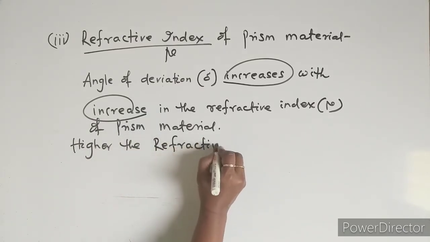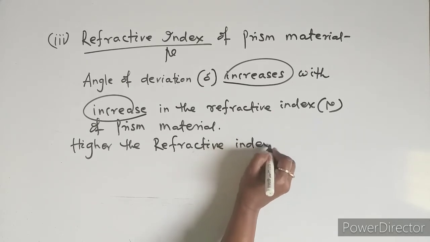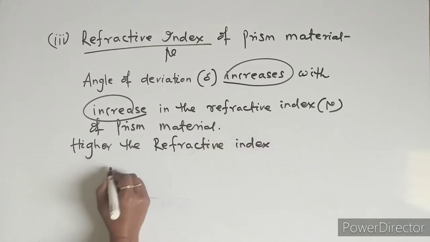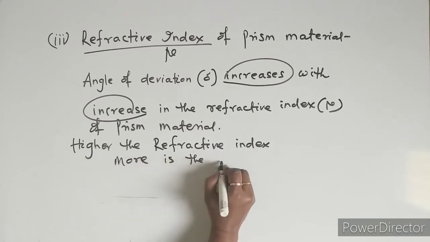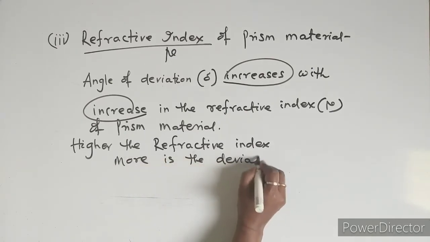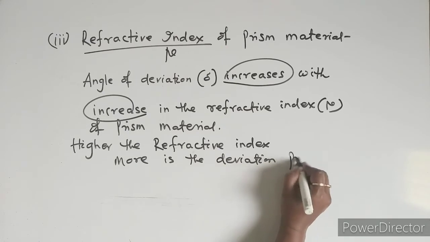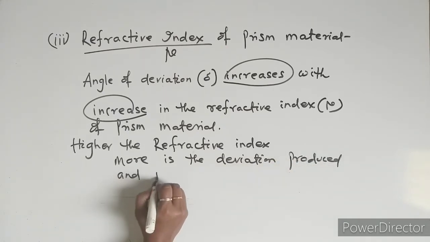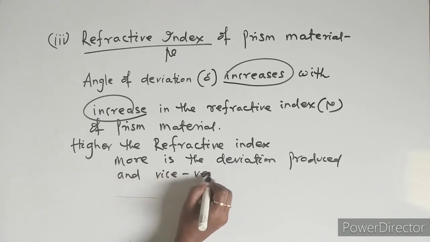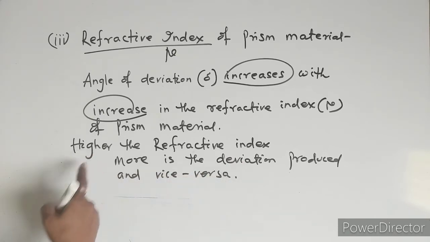Higher the refractive index, more is the deviation produced, and vice versa. Less the refractive index, less will be the deviation produced.